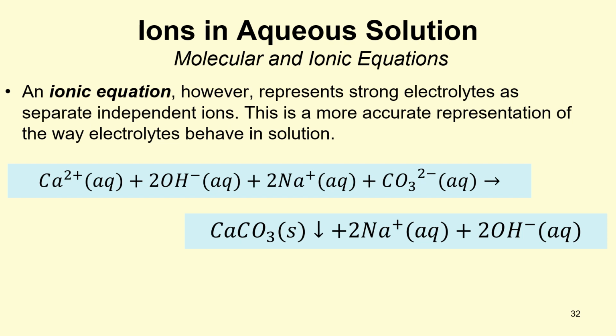The calcium hydroxide, because it was aqueous, got broken up into the one calcium, 2+, and you do have to remember the charges, and 2 hydroxides, negative. Then we had the Na2CO3. Sodium carbonate was aqueous, and so that breaks up into the 2 sodiums and the 1 carbonate, and carbonate's a 2-.